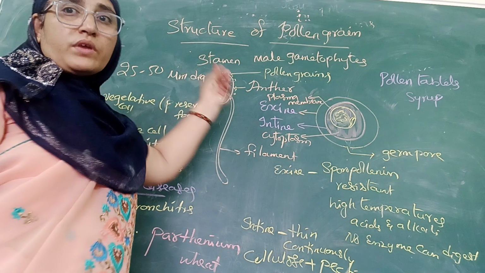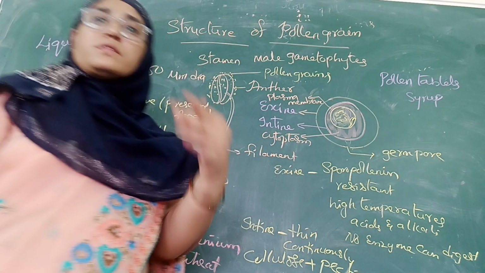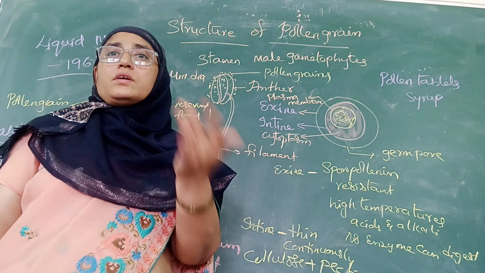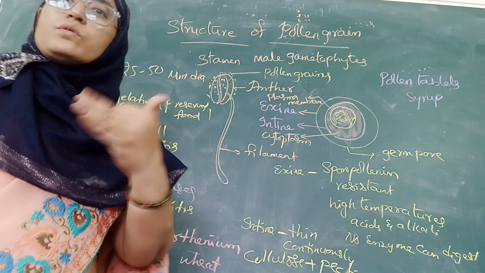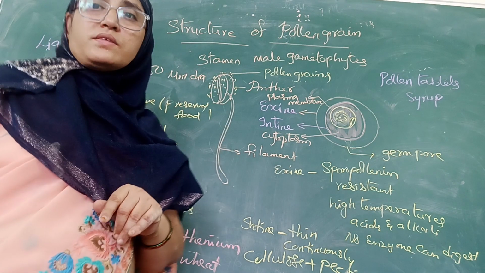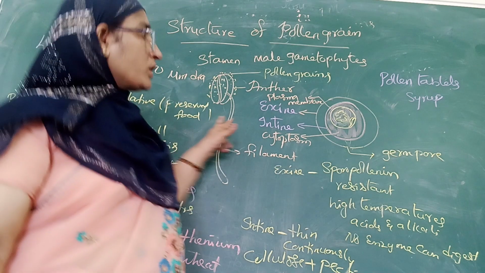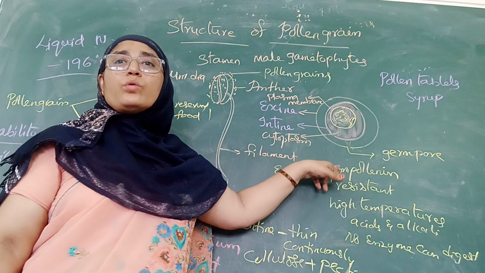When we observe the pollen of different flowers of different species, they vary in their size, shape and colors, and also differ in their outer patterns or designs.